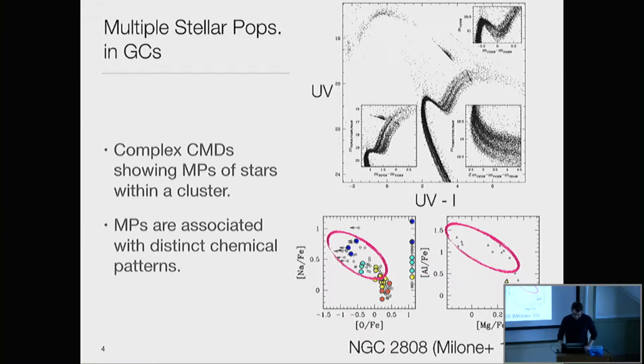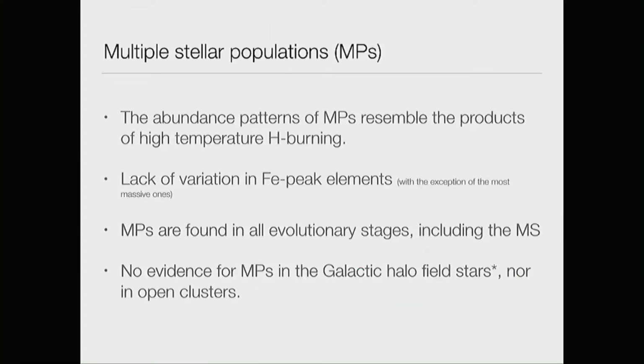and have this kind of chemical footprint. So the key properties of this problem, at least for what I'm going to talk about today, are the following. These abundance variations that we find in globular clusters resemble very much what you get when you burn hydrogen at very high temperatures. These are the ashes of what you get when you burn hydrogen through the CNO cycle at very high temperatures. The other key thing is that most globular clusters, with the exception of a handful, don't show any iron peak element spread. They are all consistent with a single value of iron.